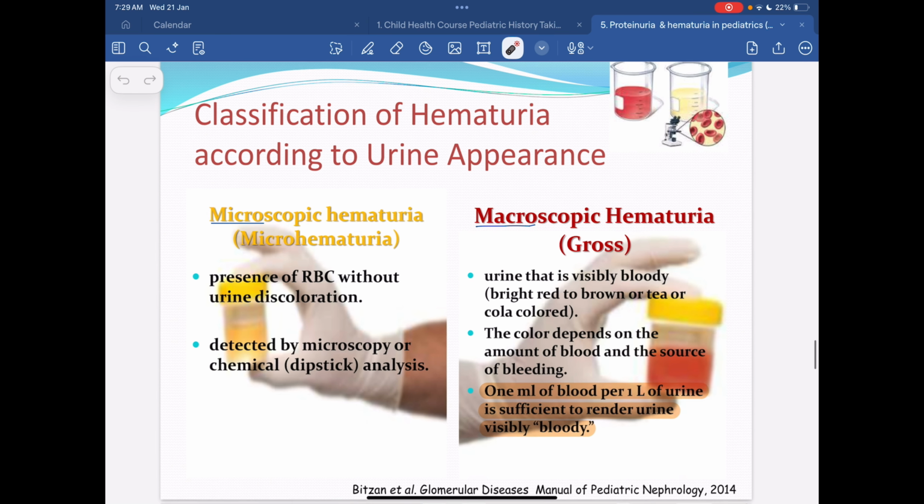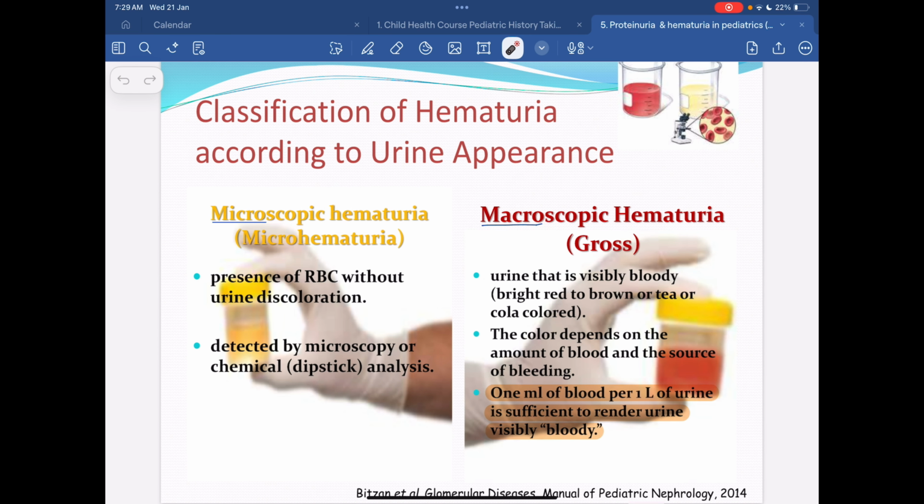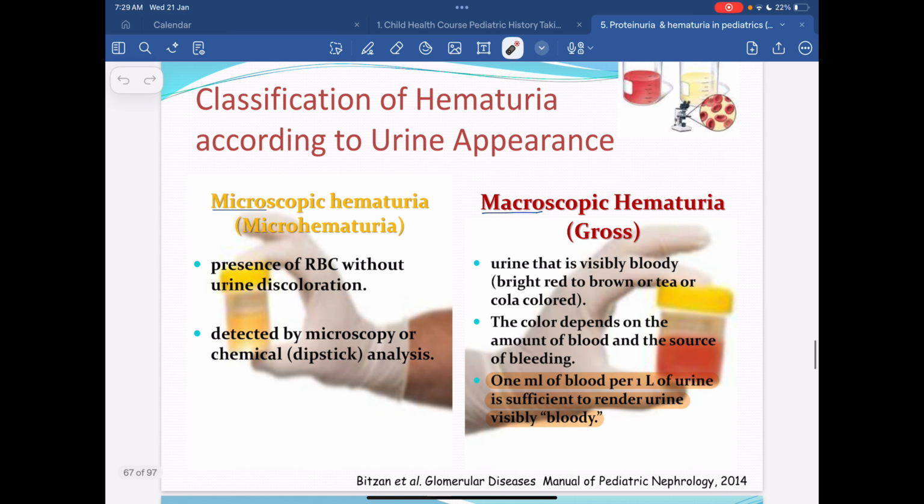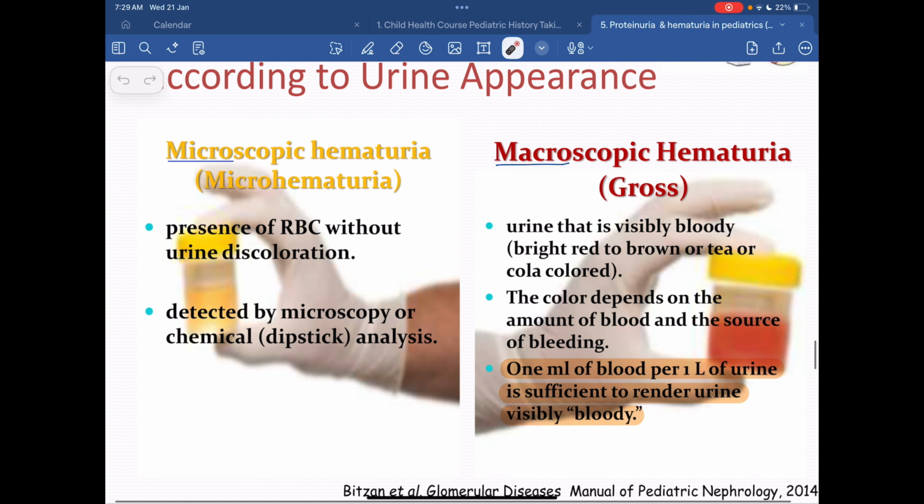Classification according to the urine appearance, this is what we do in the urinalysis. Microscopic hematuria: there is no urine discoloration. You can't see it; you have to detect it with microscopy or the dipstick. Macroscopic hematuria is gross.